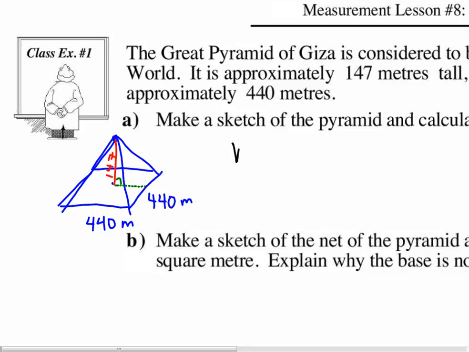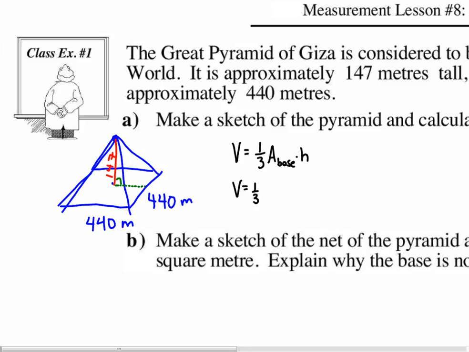So the volume of any pyramid is 1/3 the volume of a prism. So what's the volume if it was a prism? How would I figure that? Any prism, what's the formula? Area of the base times height. Okay, area of the base times height. What is the area of the base? How would I get the area of the base here?